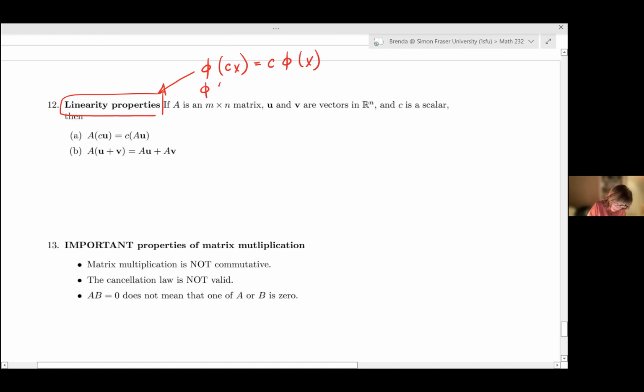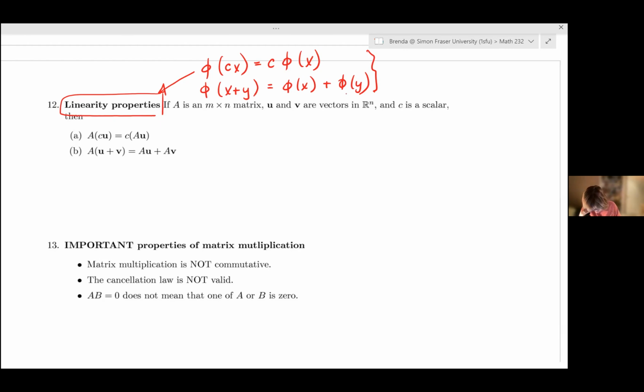If we have a function and we apply it to the sum of two variables, we expect the result to be the same as applying the function to one variable, applying the function to the other variable, and then adding the results together. These two things imply that a function is linear. That is the definition of a linear function.